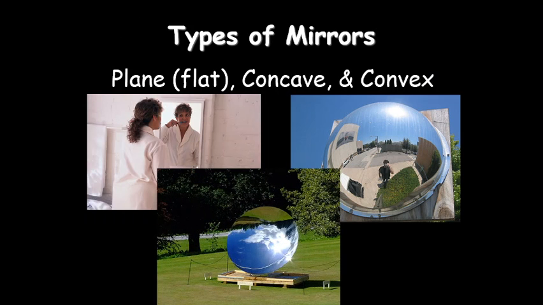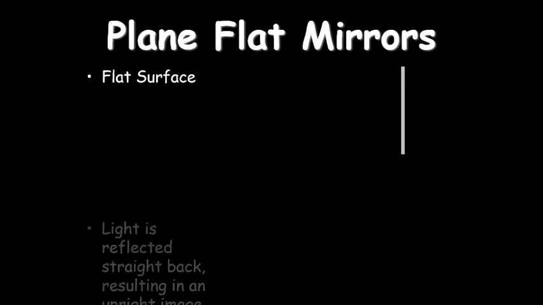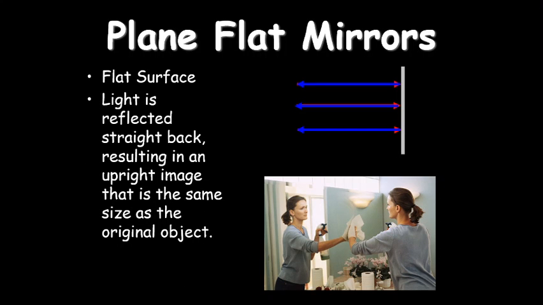So there are different types of mirrors: the flat, the concave, and convex. Okay. I think this one's the concave and this one's the convex. So concave, you want to kind of picture it like a cave, right? Cave. Convex would be the opposite. So here you have a flat mirror, flat surface.